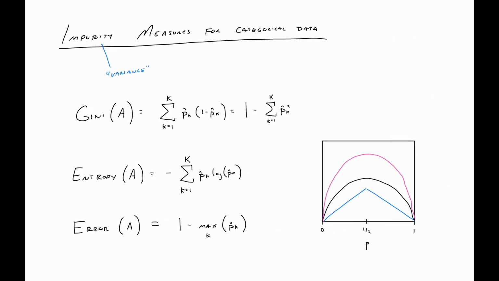Okay, so there are essentially 3 ways to do this here: the pink is entropy, the blue is error, and the black, which I'm going to highlight with gray, is called Gini. So these are 3 different ways to think about the variance of a categorical variable. I want to highlight Gini for a second, and this plot down here. These are not necessarily to scale, but I want to think about the black curve.